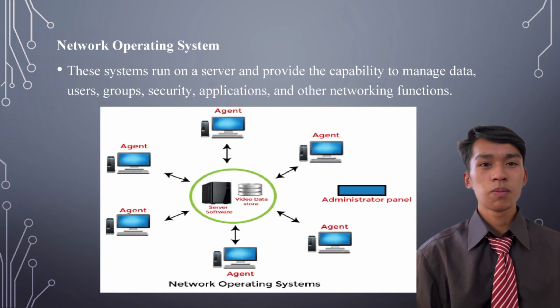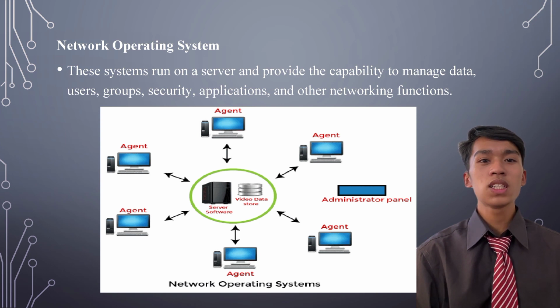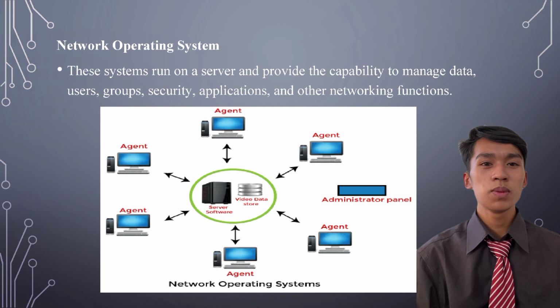Network operating system. This system runs on a server and provides the capability to manage data, users, groups, security, applications, and other networking functions. These types of operating systems allow shared access of files, printers, security, applications, and other networking functions over a small private network.